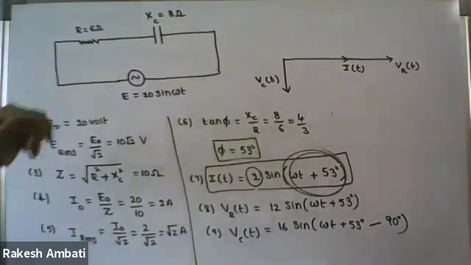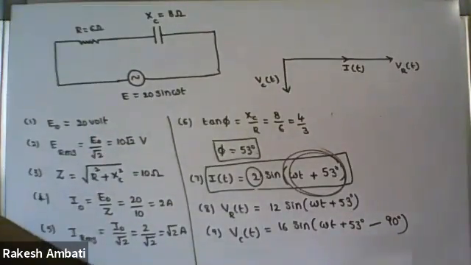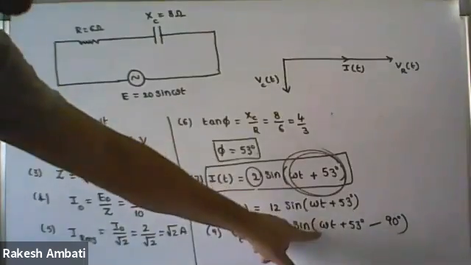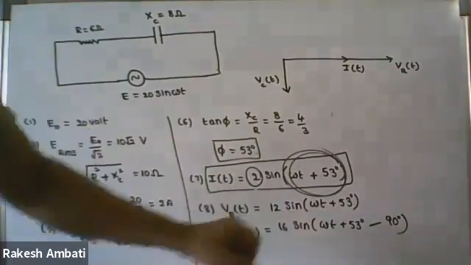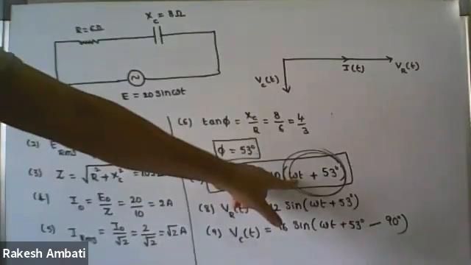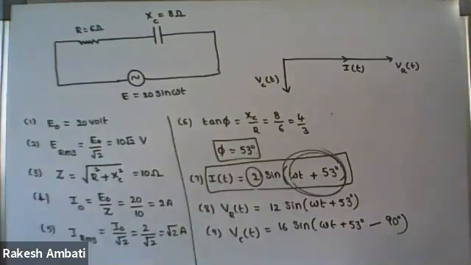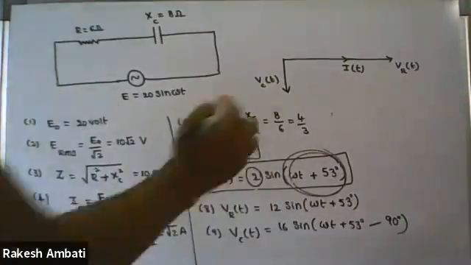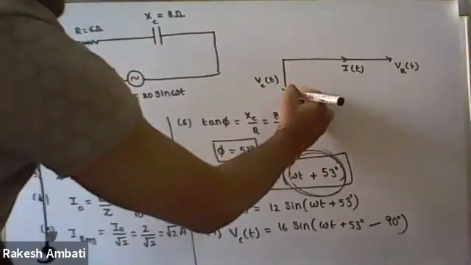Is the whole procedure clear? Yes, sir. Can you tell why omega t plus 53 degrees? So it is VC, it is VR.